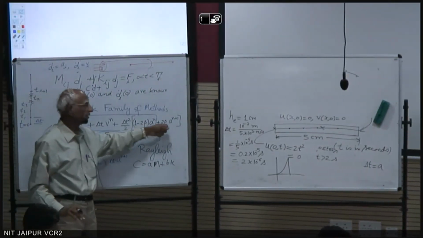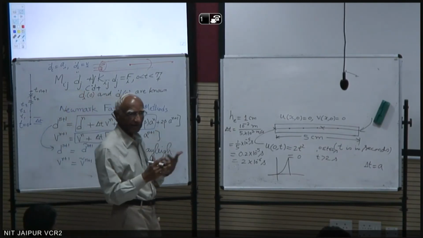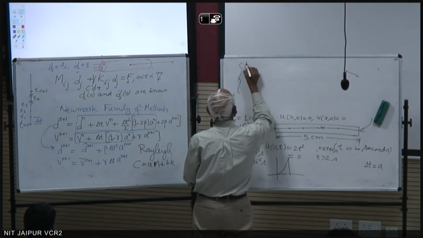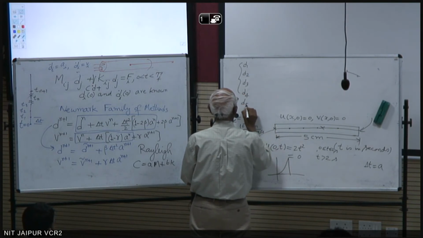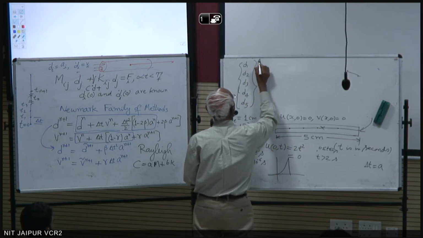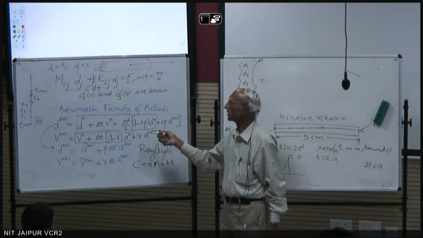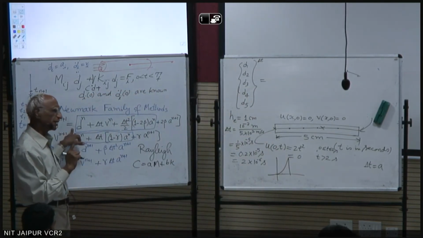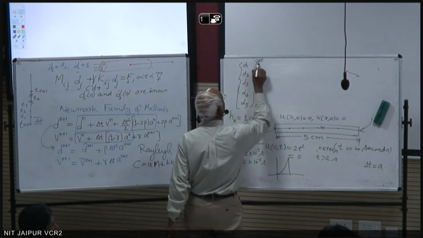Now you know the values of A, the new values, at time delta T. So if you want to find D1, D2, D3, D4, D5 at delta T, you will find a twice delta t because you are going to the next time step.